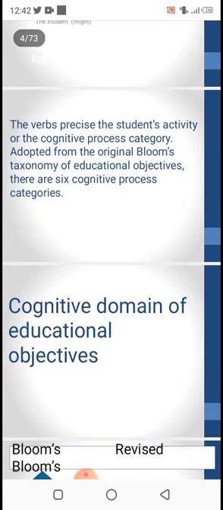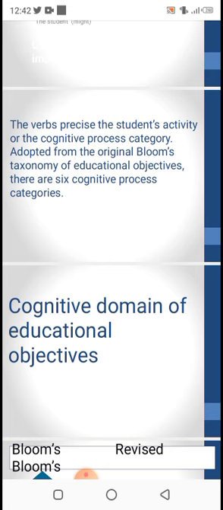The verbs precise the student's activity or the cognitive process category, adapted from the original Bloom's taxonomy. I think all of us know what we call Bloom. Bloom has discovered the taxonomy of educational objectives. We have 6 cognitive process categories.